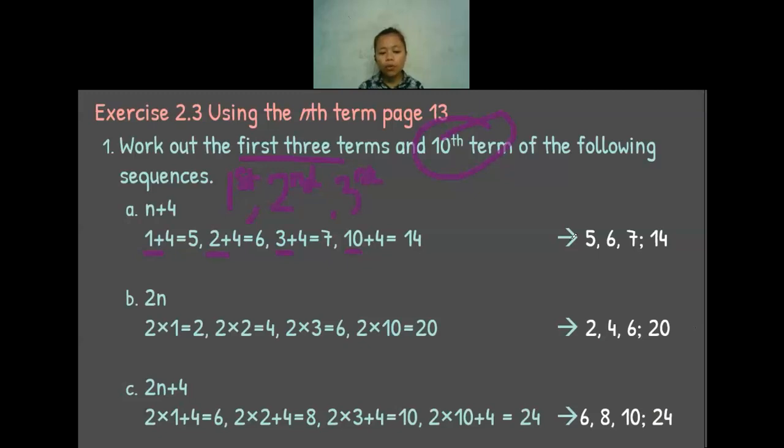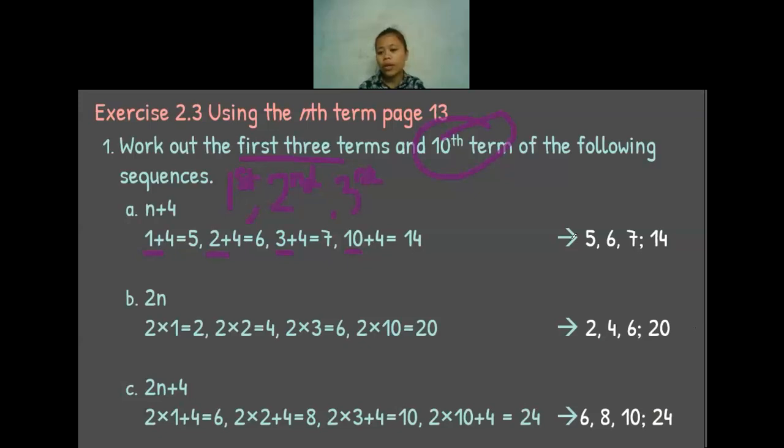And then 2 plus 4 will be equal to 6. For the next term, 2 times 2 is equal to 4, 4 plus 4 is equal to 8, and so on. So the answer for question 1C, I will have 6, 8, 10, and also 24.